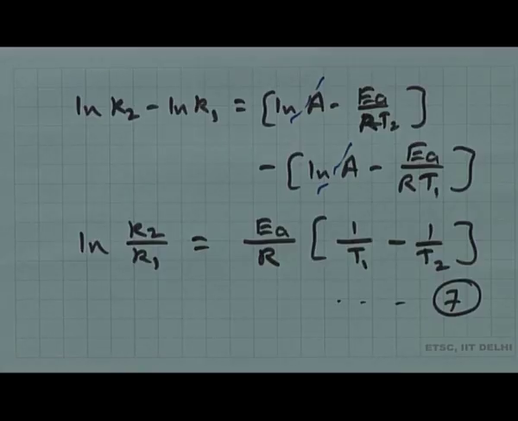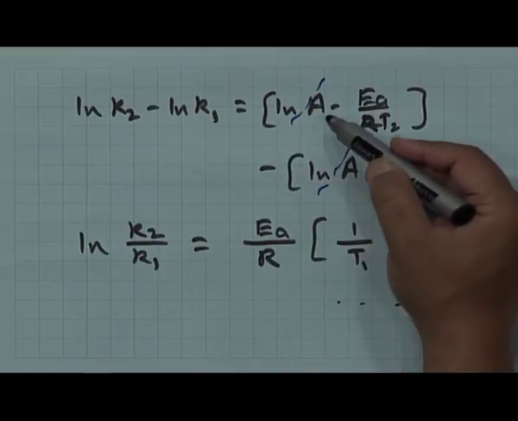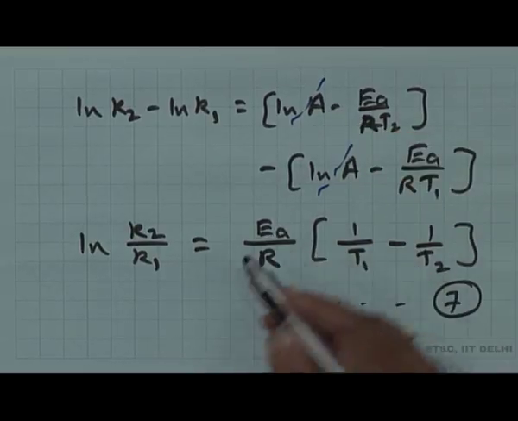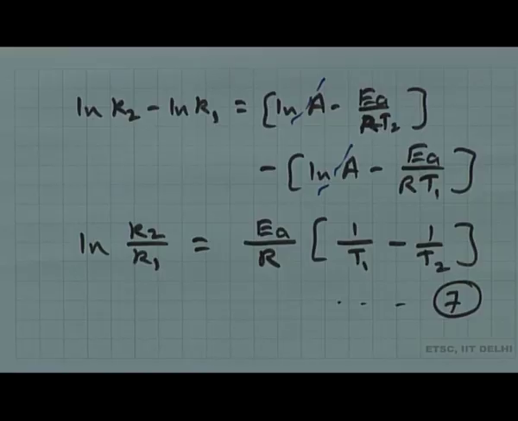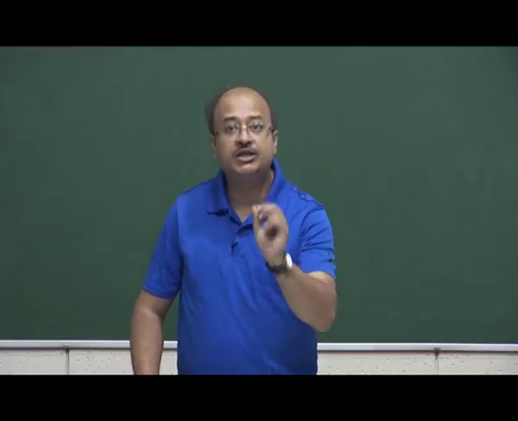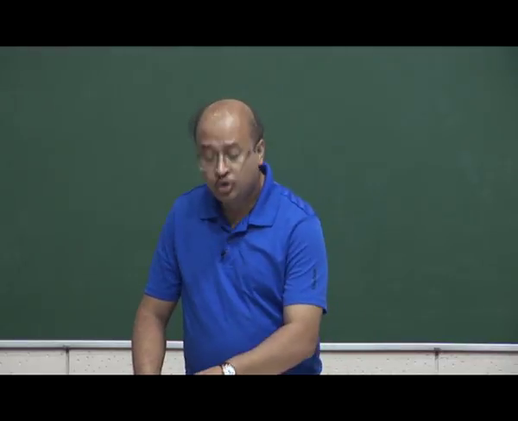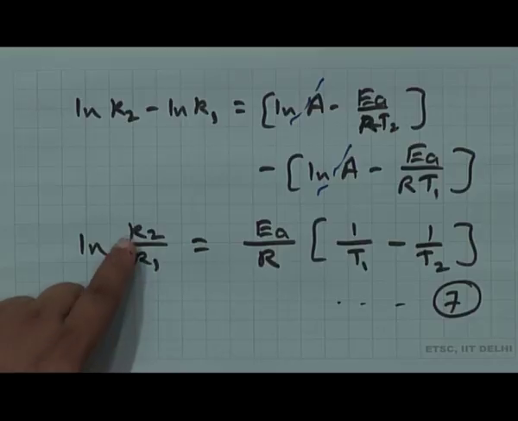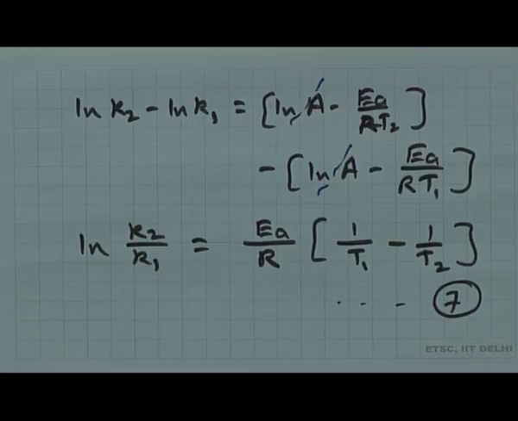It is telling you that, depending upon what your temperatures are, with the assumption that the Arrhenius factor A and the activation energy Ea are constant, the activation energy will tell you to what extent K1 and K2 would vary.